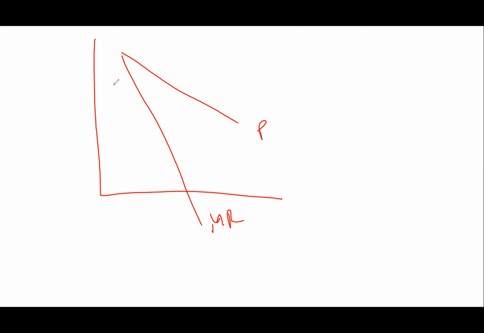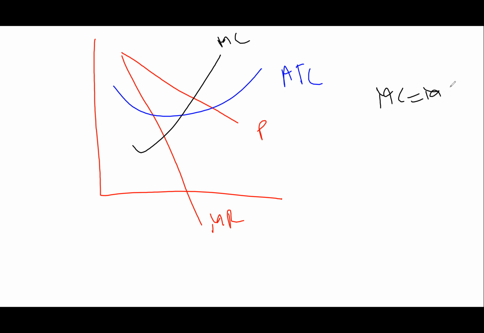Whereas, let's draw the cost curve, average total cost, and MC crosses the ATC at its minimum. So where do we need to produce? Where MC is equal to MR. In every market structure, you need to produce where MC is equal to MR. So where is this point? This point is here. And why do we find this point? To find out Qmax.